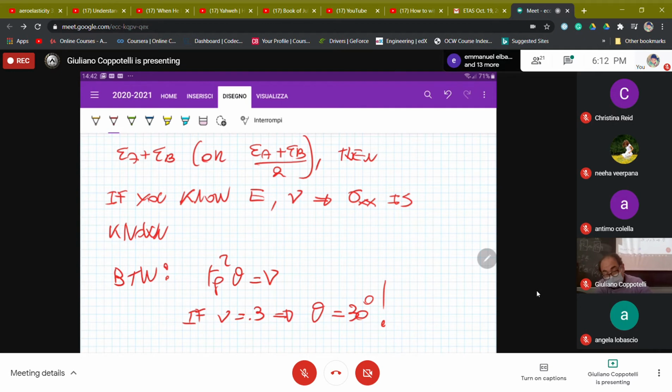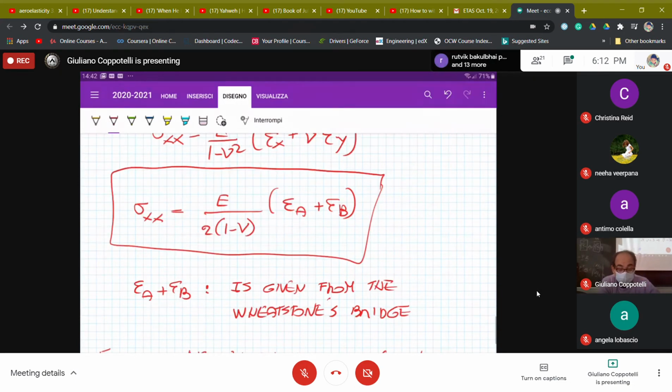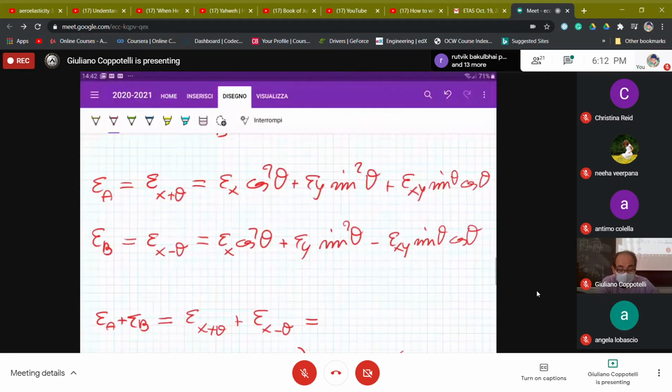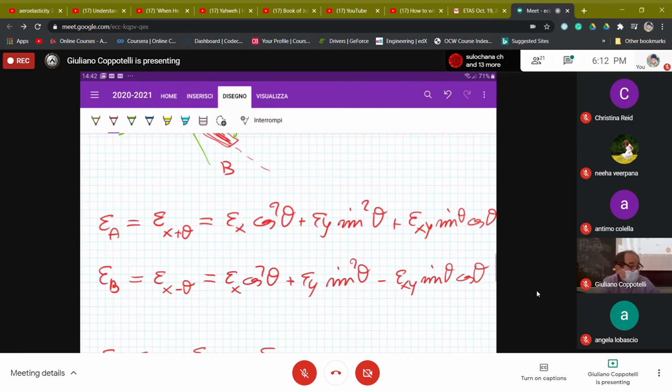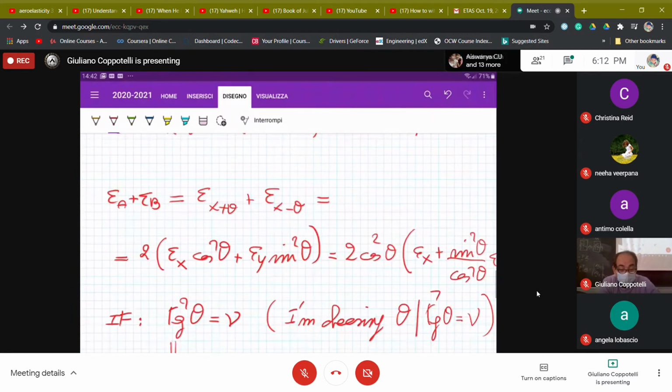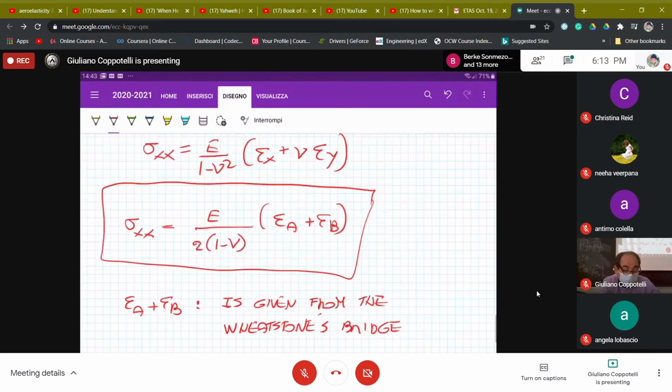You have to find a material having a Poisson ratio of about 0.3, like most of the metal alloys, light alloys or whatever. Then you use two strain gauges so that the theta angle is equal to 30 degrees. Once you have that, the measurement of the sum or half of the sum of the strains is directly related to the stress using this formula.